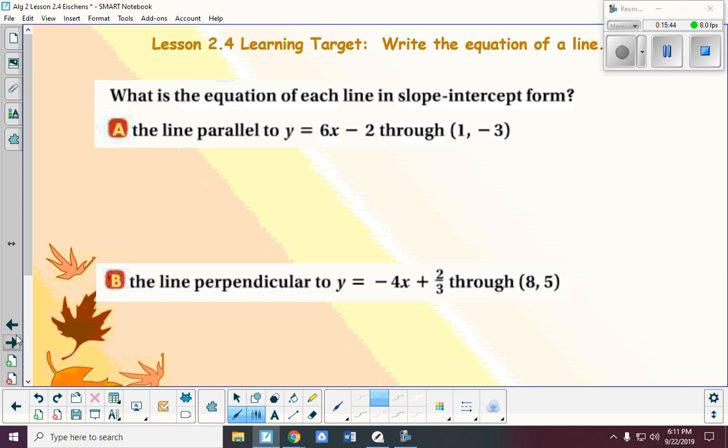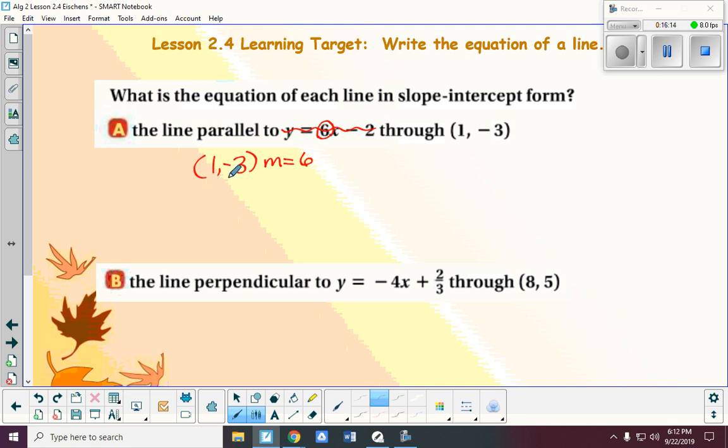So the next problem says, what is the equation of each line in slope-intercept form? So we want to write the equation of the line parallel to y equals 6x minus 2 that goes through the point 1, negative 3. Well, we're going to go through the point 1, negative 3, and we want to be parallel to this line. So remember, lines that are parallel have the same slope. So the slope will be 6. Now, after that, we don't need this equation anymore.